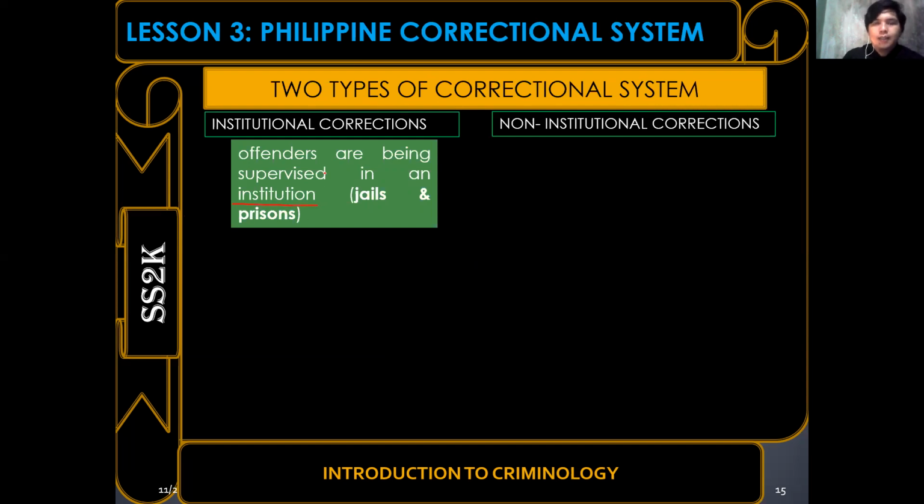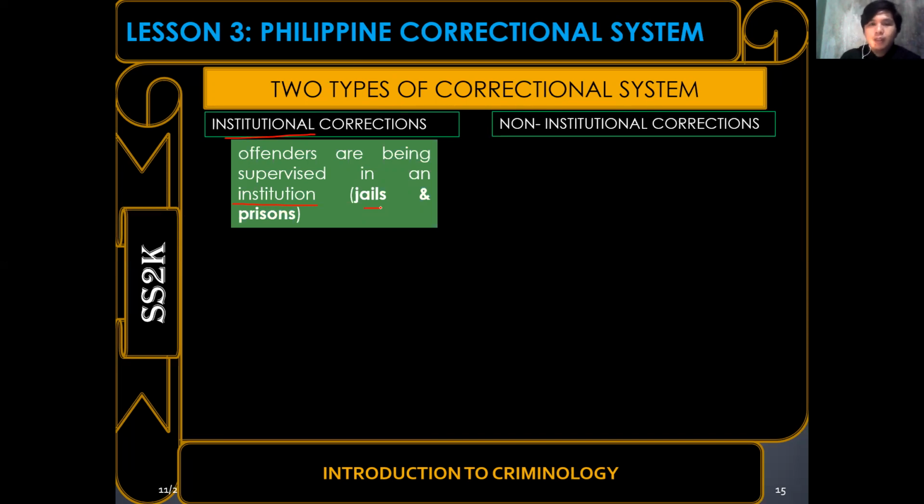Okay? So, ang isang tao po ay makukulong sa loob ng kulungan, whether sa jails, okay, or prison. Yan po yung institutional corrections. Okay? So, the offender is being tried, corrected inside the institution. Okay? So, makukulong po siya. Kasi mas nararapat siyang makulong at mas magbabago siya pag nasa loob siya ng kulungan.